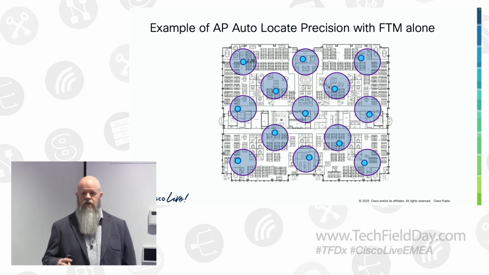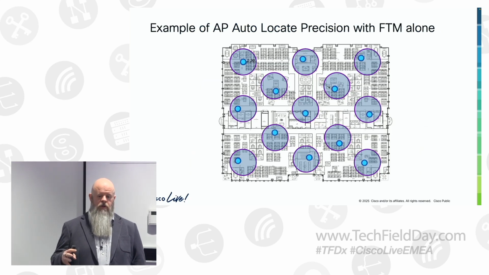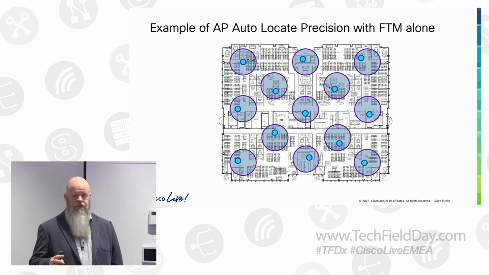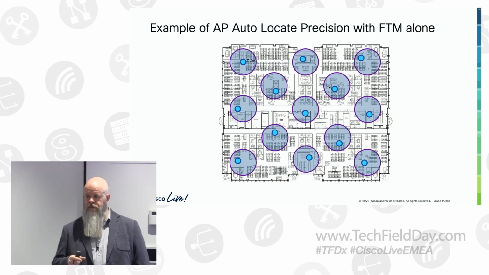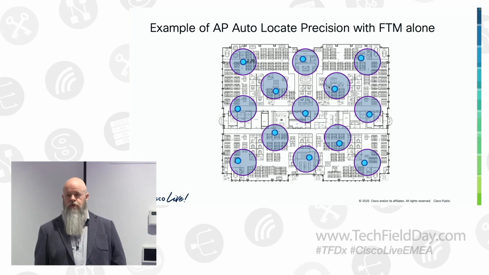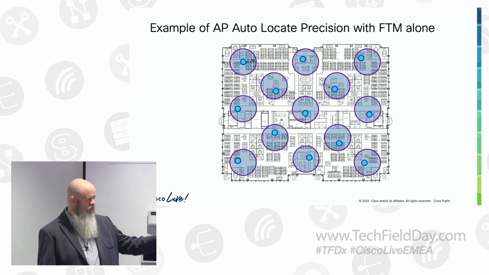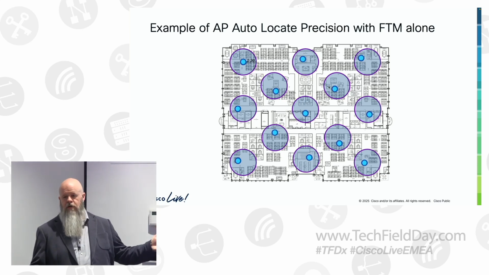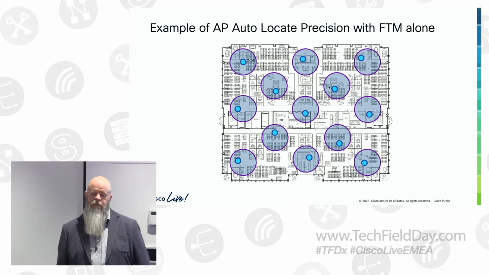This is an example of what it might look like for AP accuracy with FTM alone. So these circles are not coverage areas. These are areas of certainty for the location. Pretty large circles shifted around. And the AP would be in the center of the circle, but I'm trying to depict the difference.